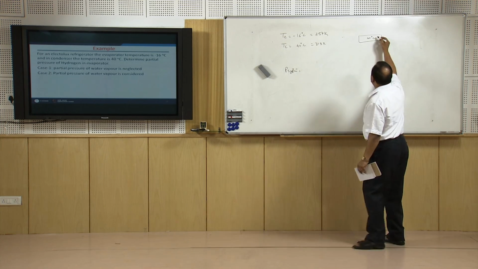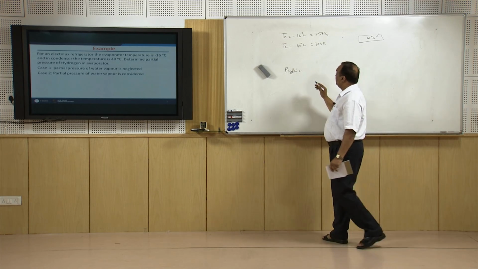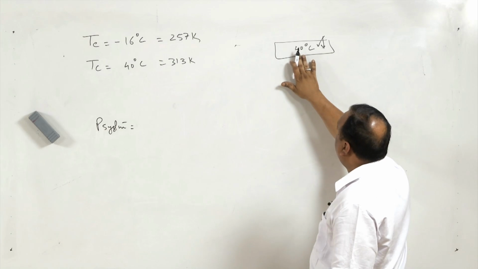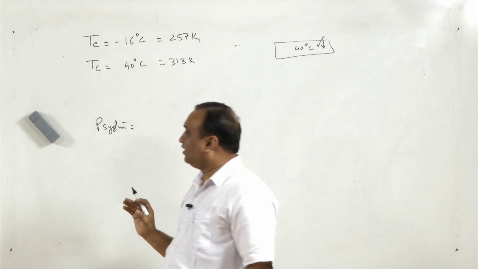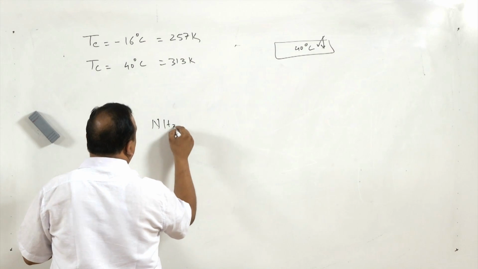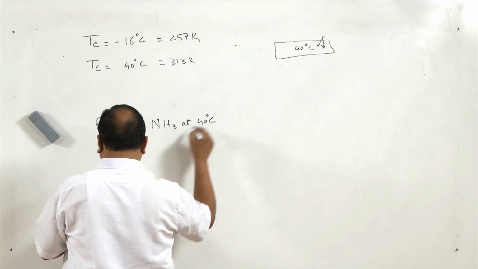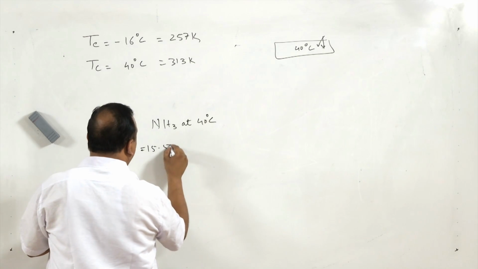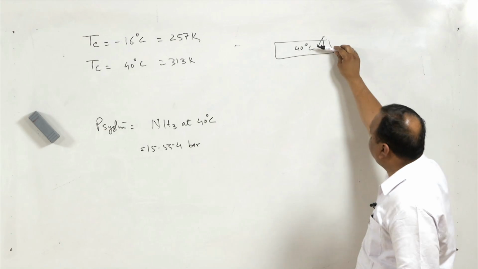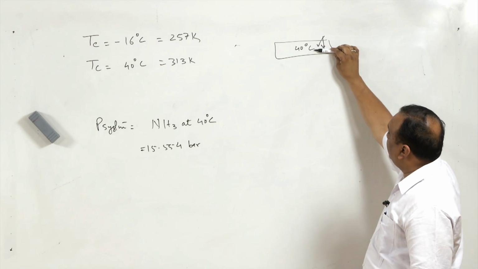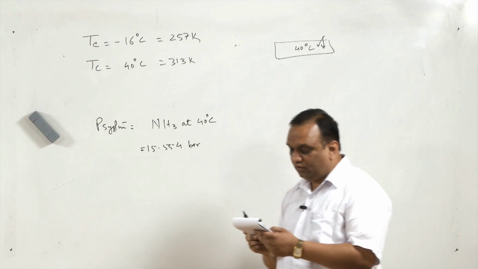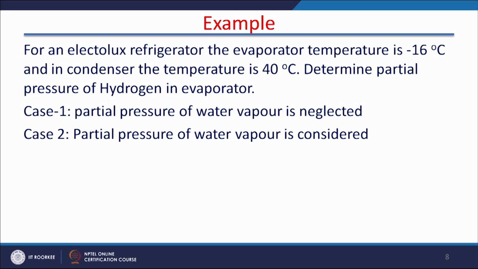It means there is pure ammonia existing inside the condenser, and when it is getting condensed, the saturation pressure at 40 degrees centigrade is the total pressure of the system, and that is 15.554 bar. So, ammonia is condensing in the condenser at 15.554 bar. Now, if we go to the evaporator, case 1, partial pressure of water vapor is neglected.